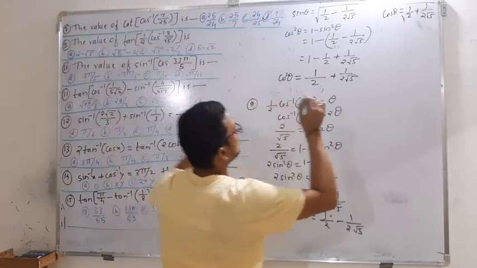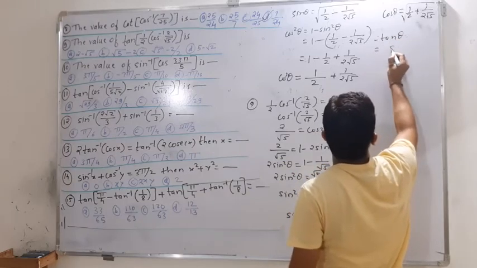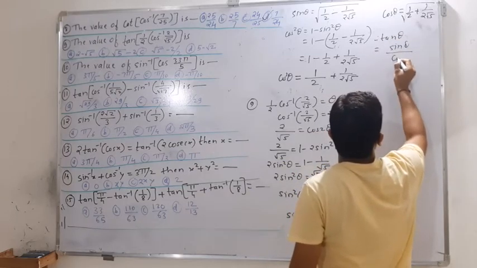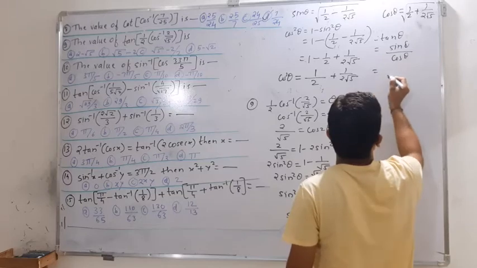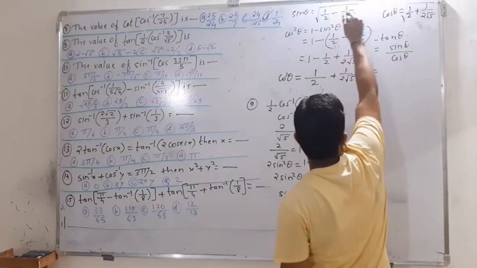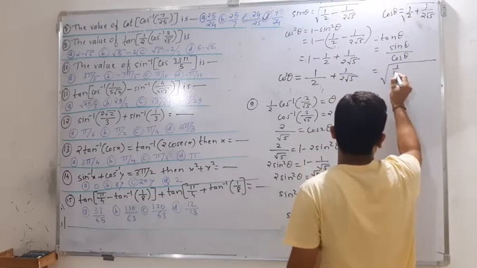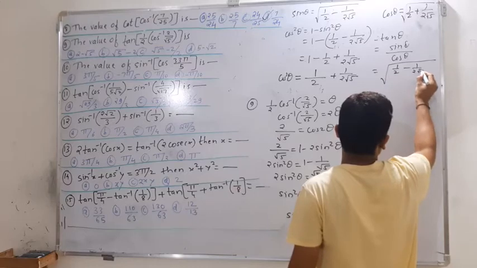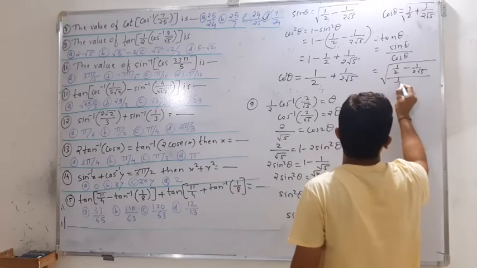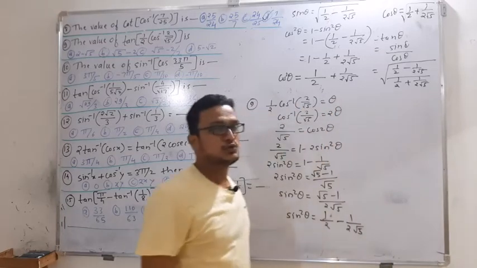So therefore we will get tan theta. Tan theta is equal to sin theta upon cos theta. Sin theta is the root of this, cos theta is the root of this. So together I will write one root: 1 by 2 minus 1 upon 2 root 5 divided by 1 by 2 plus 1 upon 2 root 5.